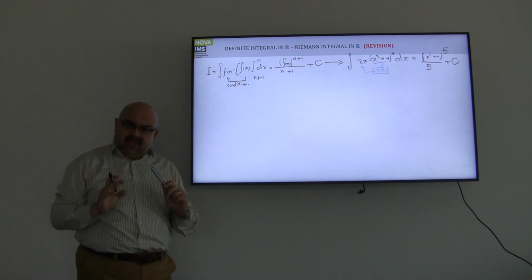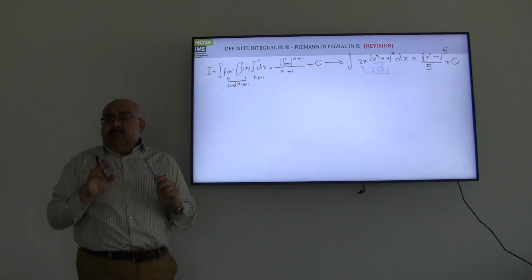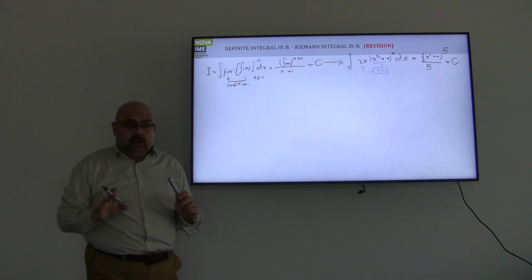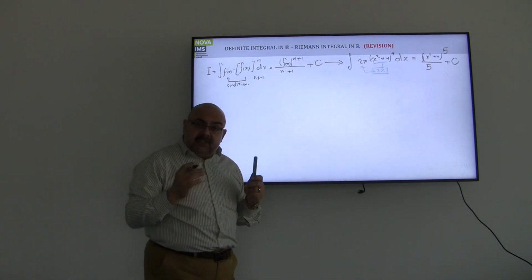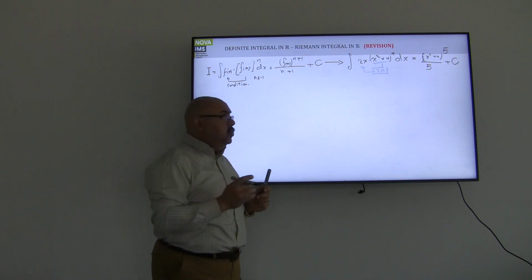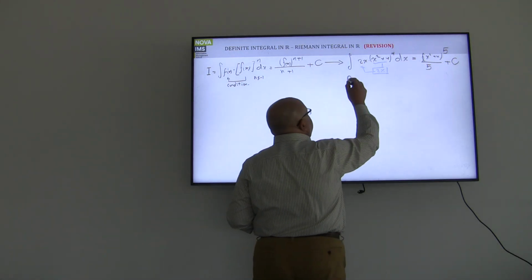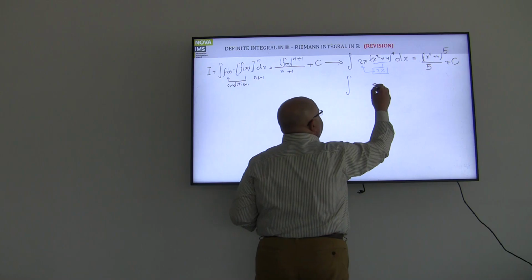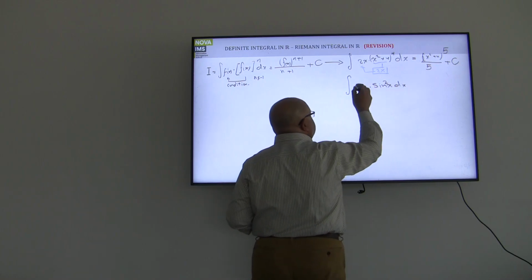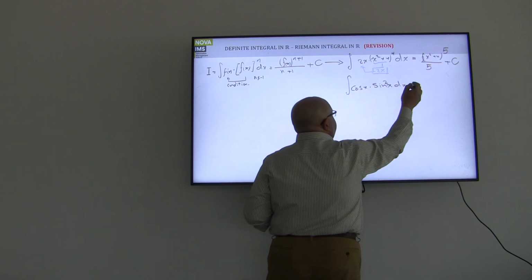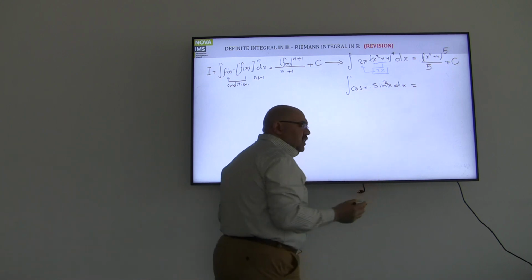Also, it's the same if we use any arbitrary function. So one of the also famous problems using this law is the integration, for example, of sine of x to the power of 2 with respect to x times cosine of x, and it is exactly the same.